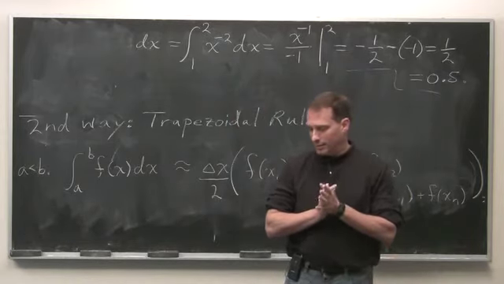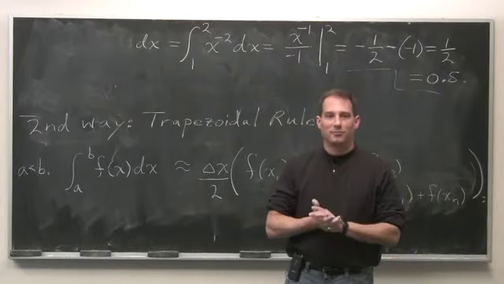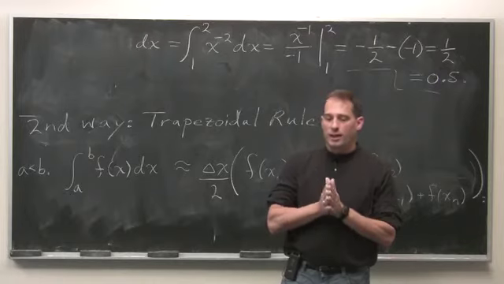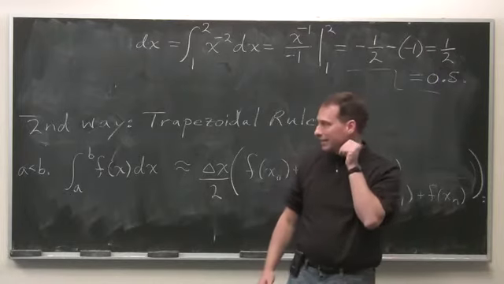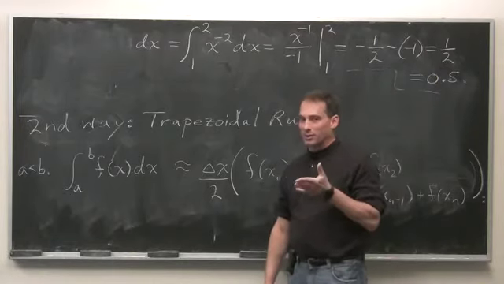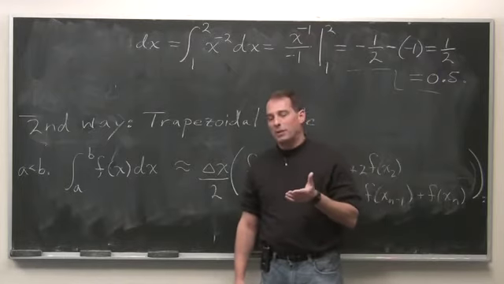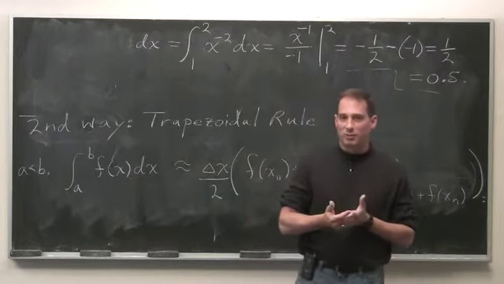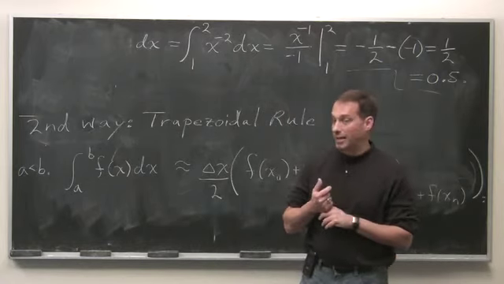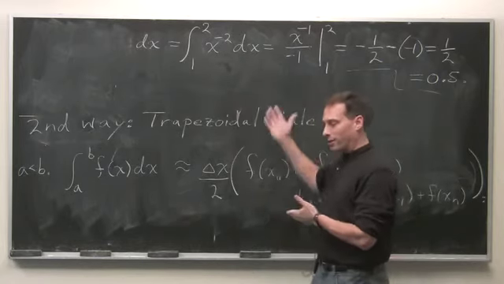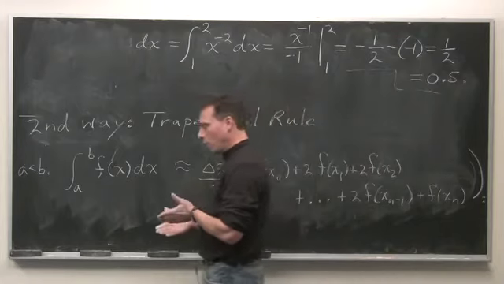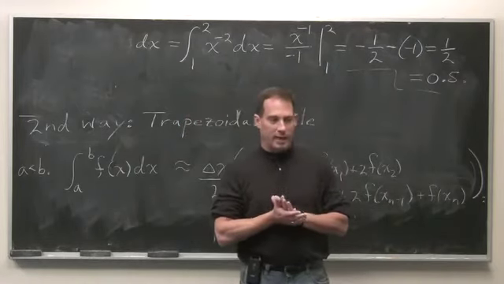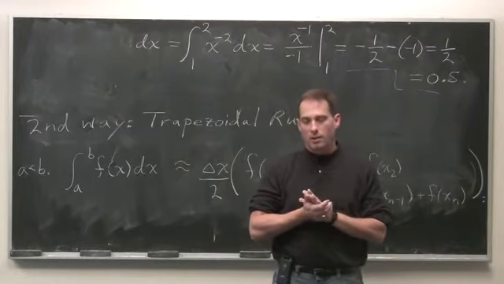And now I need to kind of say something philosophical. In general, you can't know the error exactly in these methods in any nice way because, think about it, we're trying to approximate something that we don't know how to calculate exactly. I mean, not in this one; we know how to calculate it exactly in this example, but the value of these methods is to calculate integrals that we cannot get exact values for.